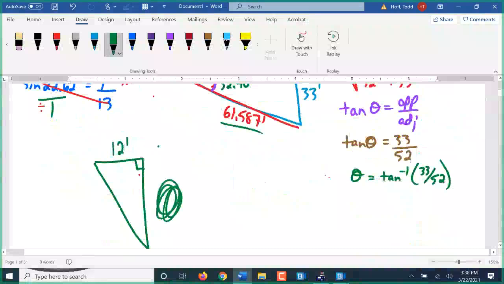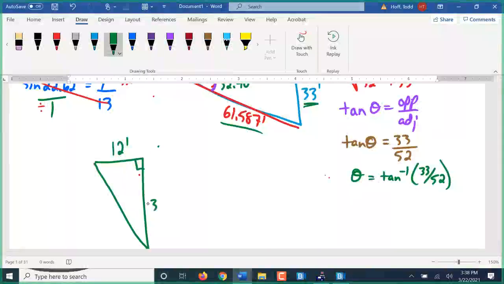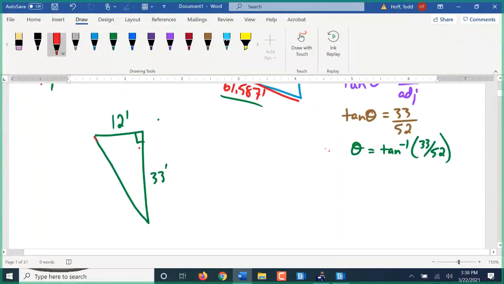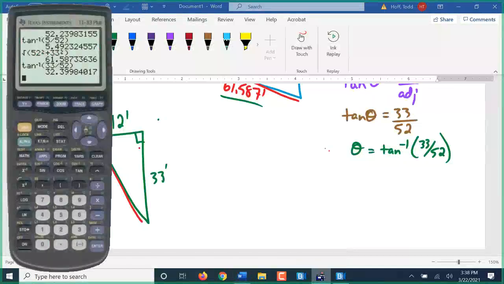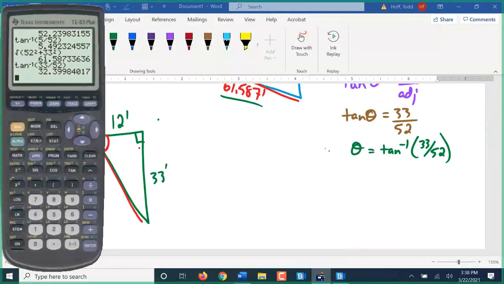How about this side over here? It's the same 33 we did up here. You got it. In your notes, I want you to try to find this side and this angle. Give me a minute to do it.